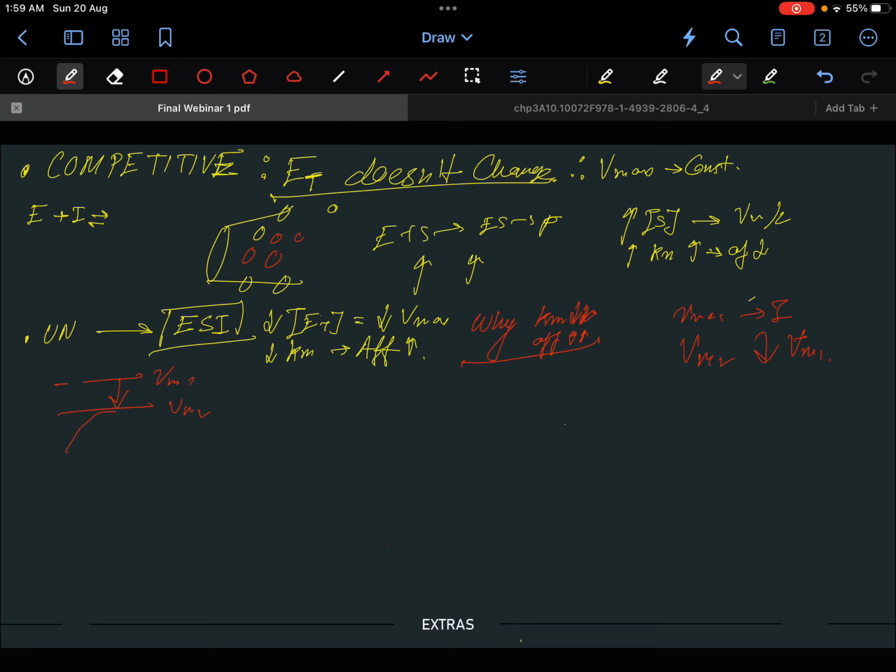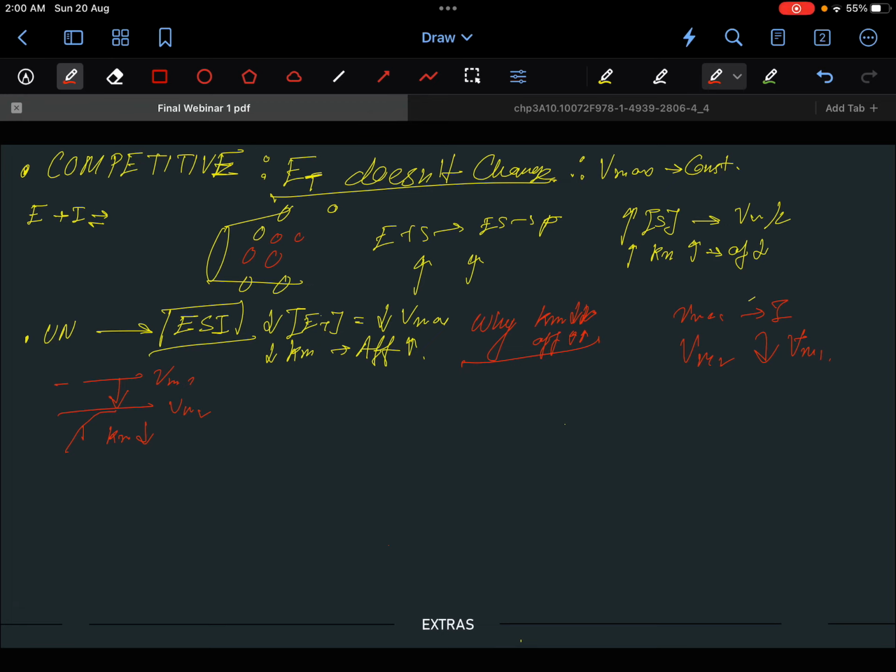Since the substrate concentration needed is decreasing, apparently the Km is also decreasing. The affinity is not increasing at all, but apparently the substrate required to reach 1/2 of the Vmax decreases. So that is why Km is decreasing.